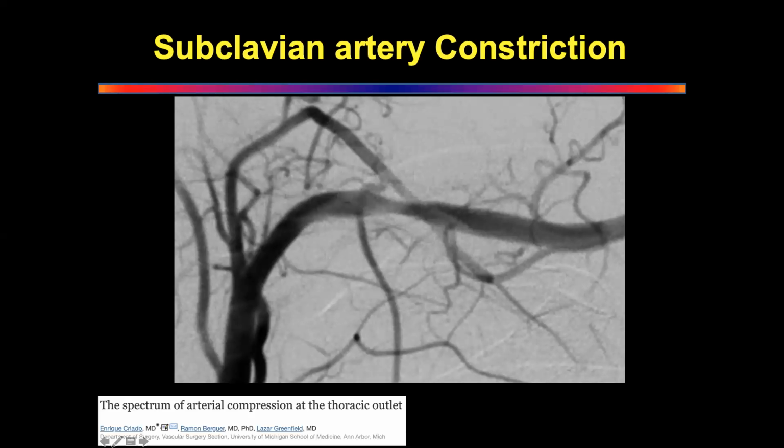Okay. How is this picture produced, Nikhil? What is the test done to produce this picture? So angiography. Yeah, but what is this technique called? So digital subtraction. Excellent. This is called digital subtraction angiography. Okay. What do you do in digital subtraction angiography?